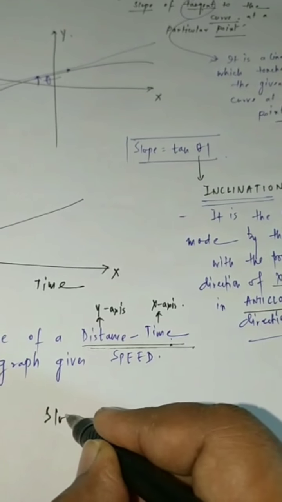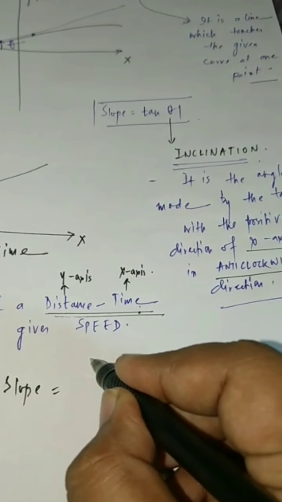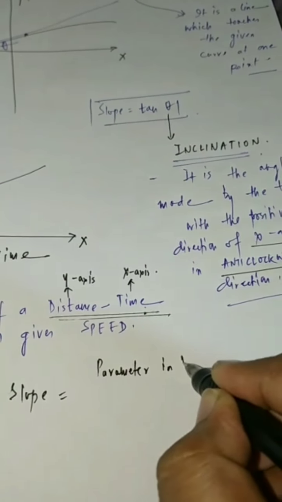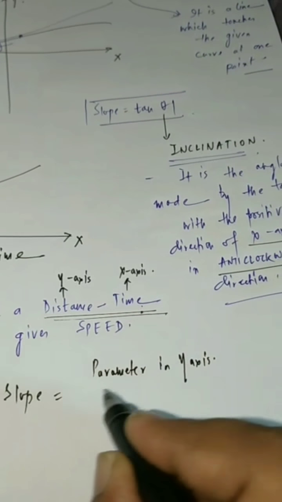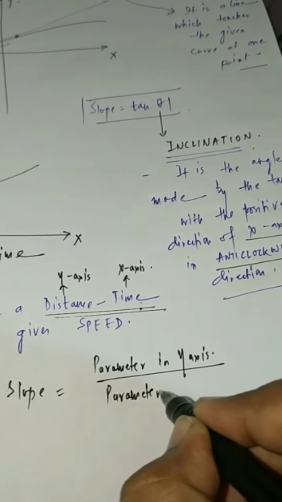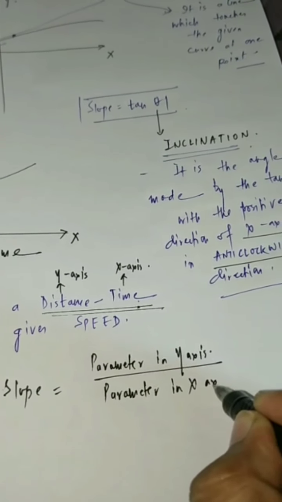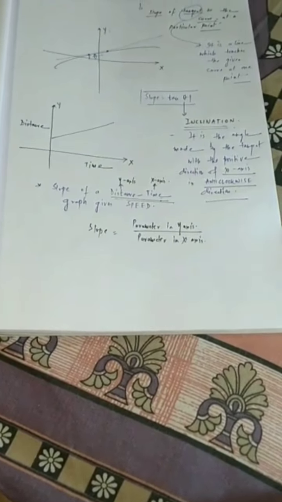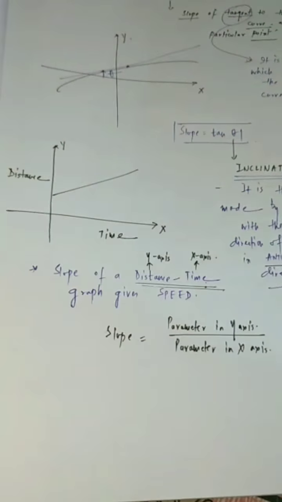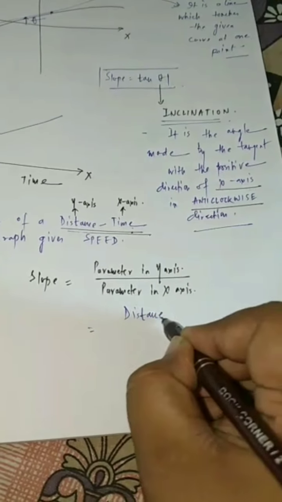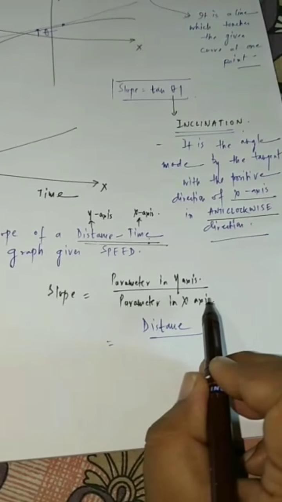The formula for slope, we have one more formula, that is parameter in y-axis upon parameter in the x-axis. For this particular case, what is the parameter in the y-axis? It is distance. What is the parameter in the x-axis?